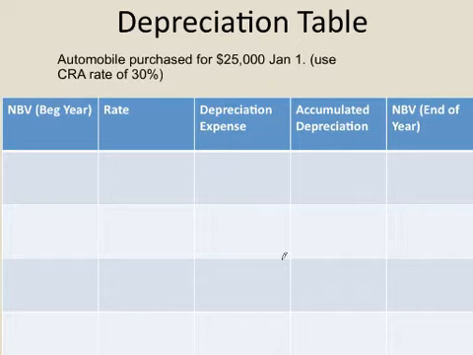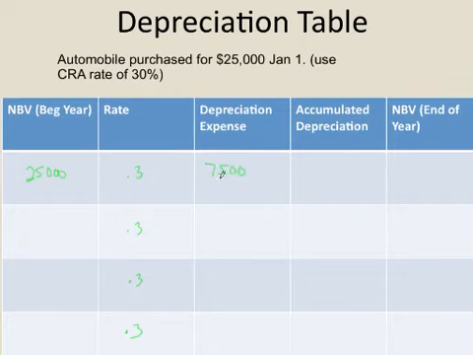An automobile was purchased for $25,000 in year 1. That's our net book value, and our rate is 30%. So I can put that in every year. The rate is going to be the same. So 25,000 times 0.3 is 7,500. This pen is not the right color.